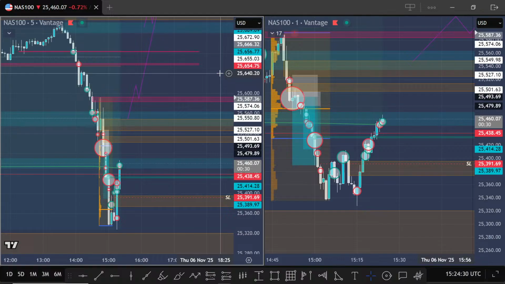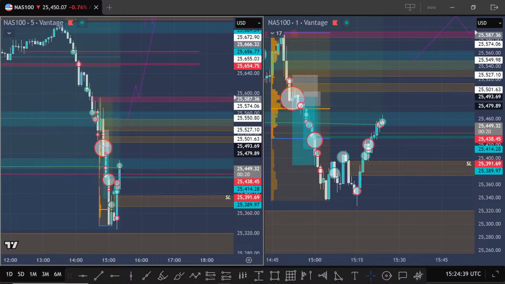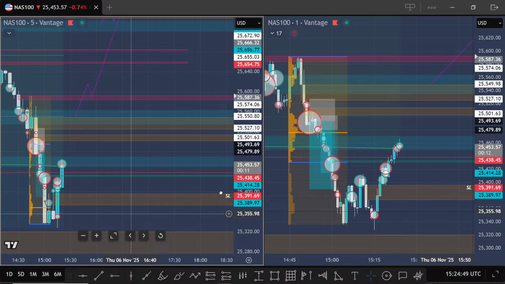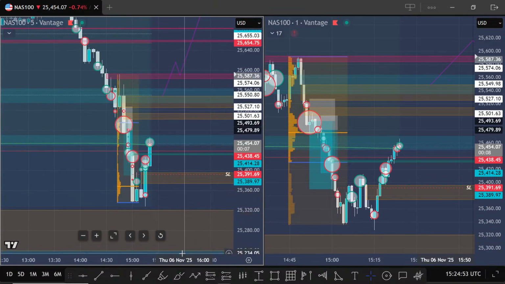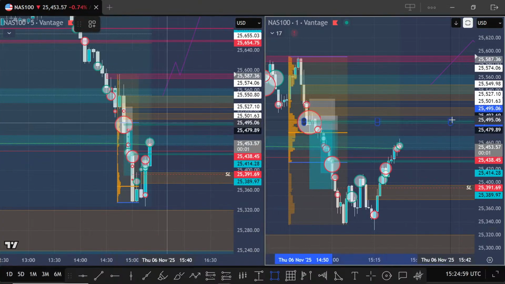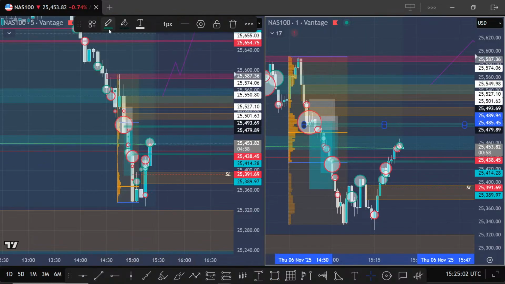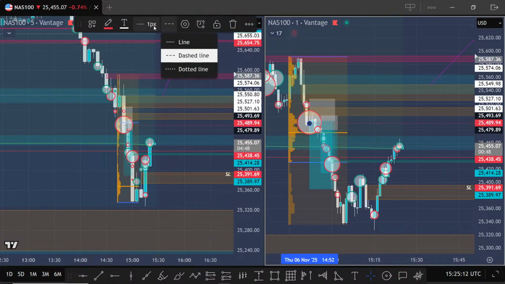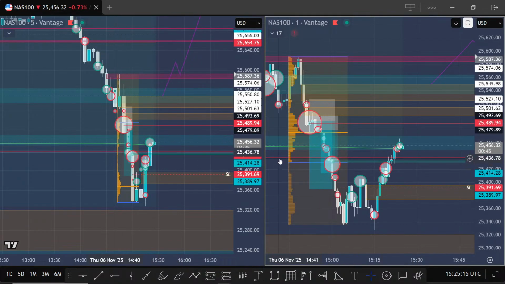Aggressive. So, big trade sell followed by big trade buy. So we've got a big delta spike there.